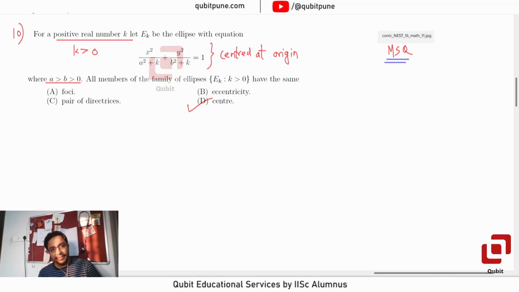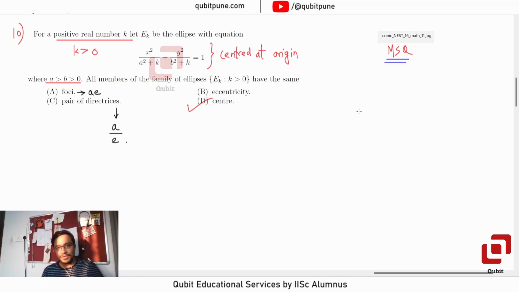Now obviously the next question that we should attempt is finding the eccentricity, right? Because for foci we will require the product ae, and for the pair of directrices we will require the ratio a by e, correct? So it boils down to finding the eccentricity of the ellipse.